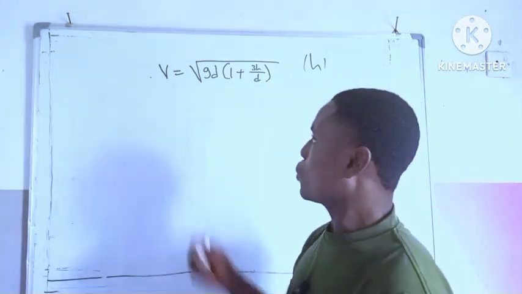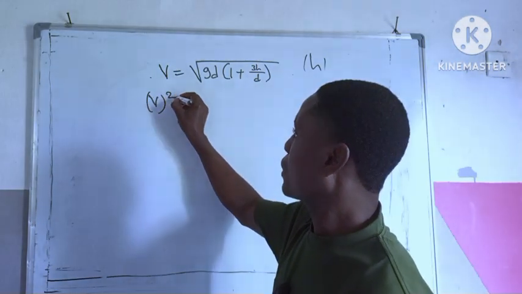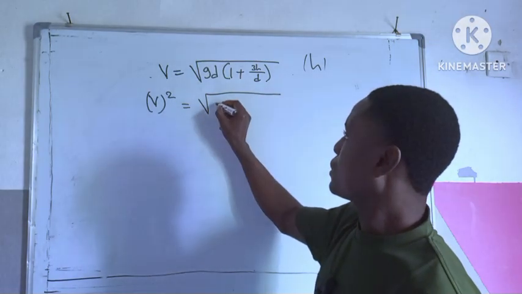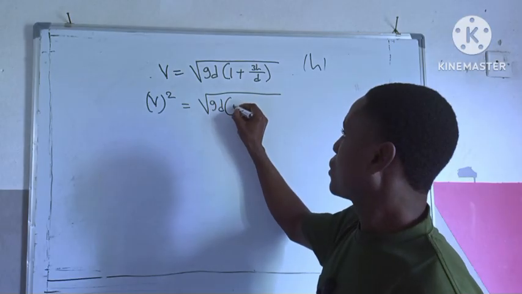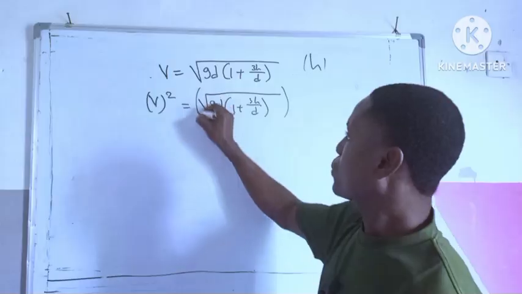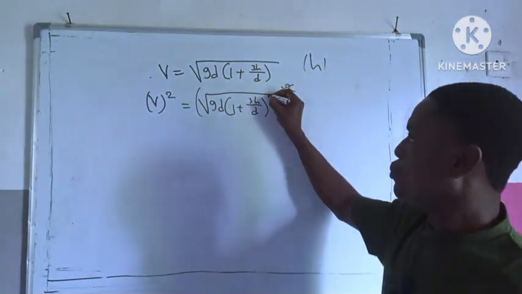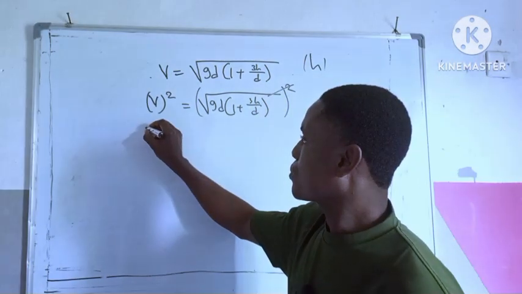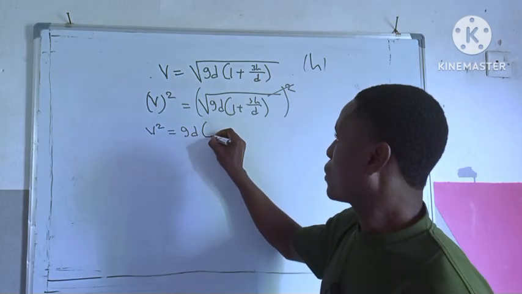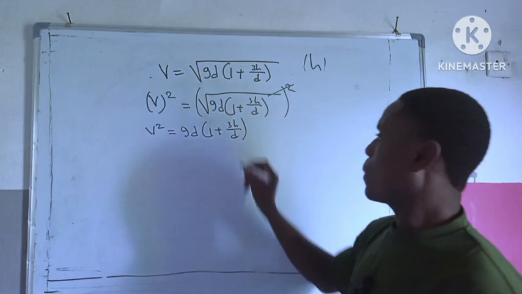So we now have v squared equal to gd times (1 plus 3h all over d), all squared. The square cancels the square root, so we now have v squared equal to gd times (1 plus 3h all over d).